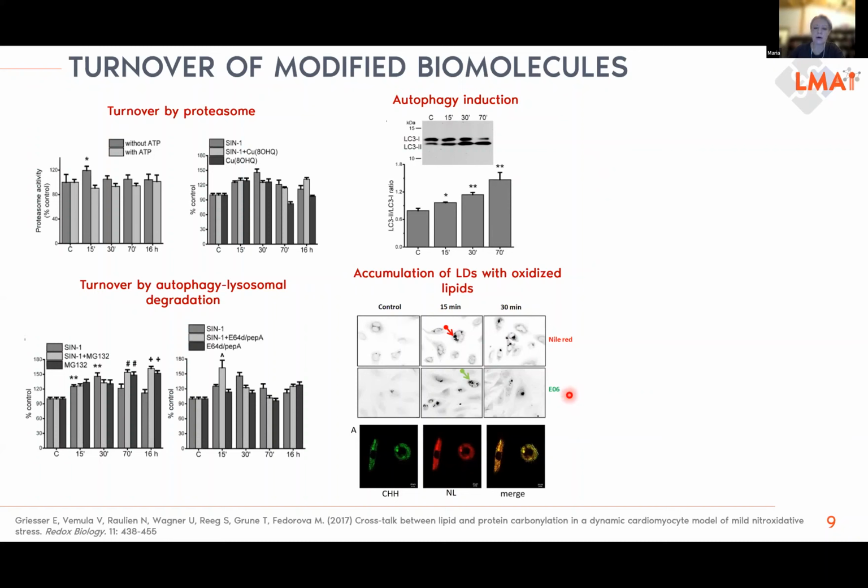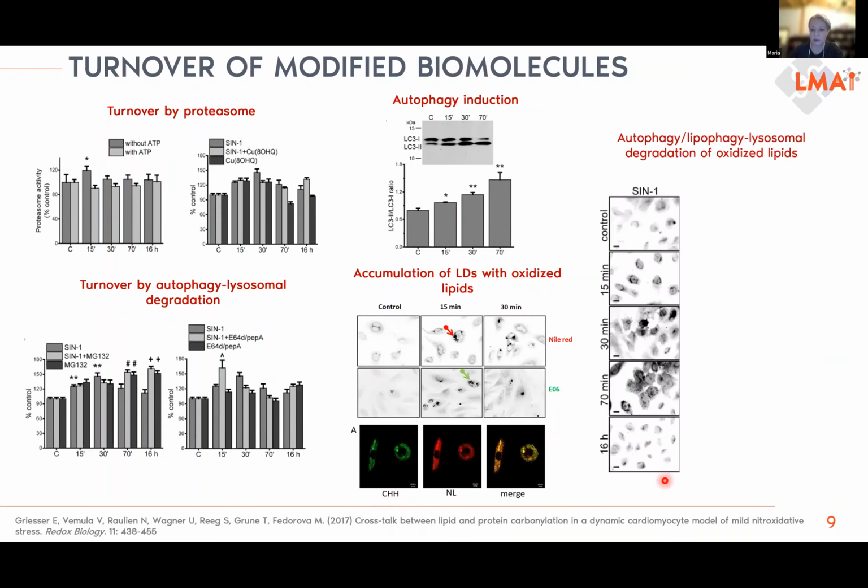There is this antibody available commercially, the EO6 antibody, which can recognize the head groups of oxidatively modified phosphatidylcholine lipids. And they also stained positively with coumarin hydrazide, which we see. So what happens? This is again the staining with this EO6 antibody.